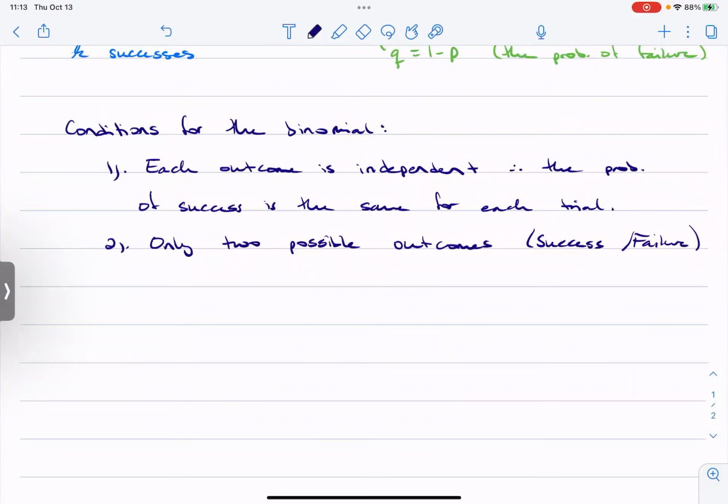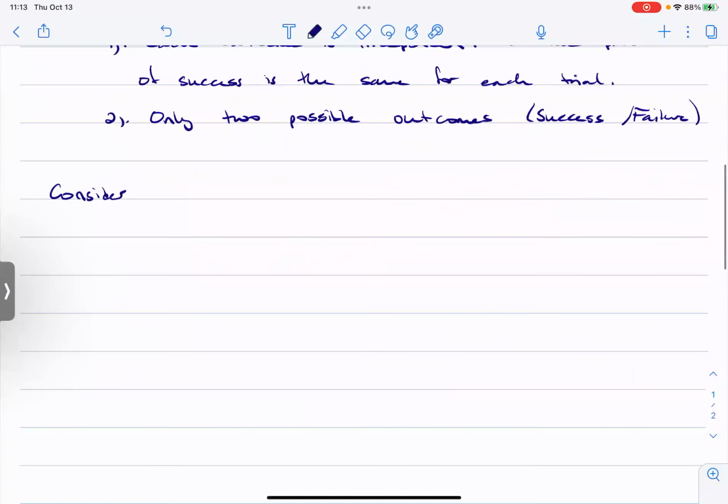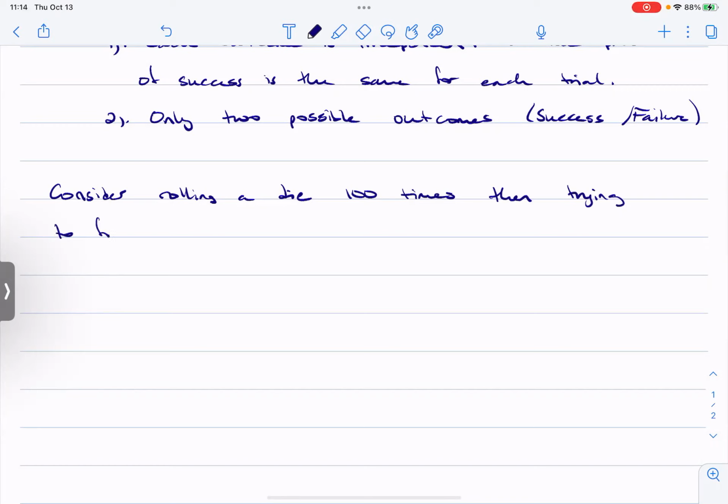Okay, so consider rolling a die 100 times, and then trying to find the probability of observing less than 40 ones.